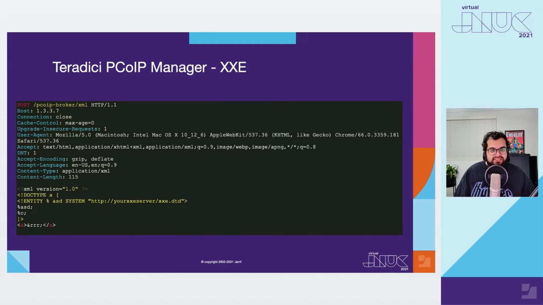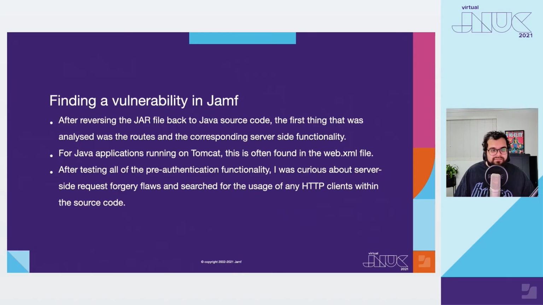So the final request to this endpoint looks something like this. I was able to send a POST request to the specific endpoint that was reading the XML, and include some XML that would read from an arbitrary URL, a DTD file. Ultimately, this led to server-side request forgery and also the ability to read local files.